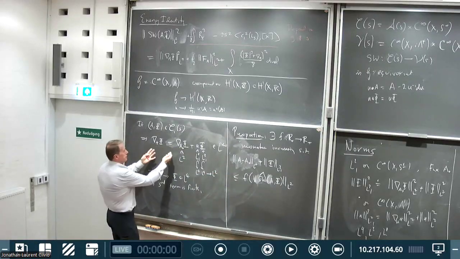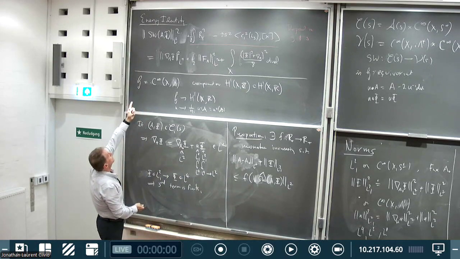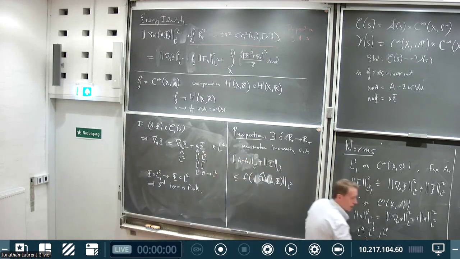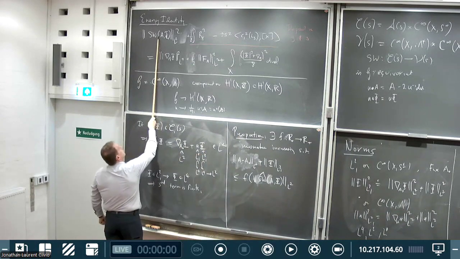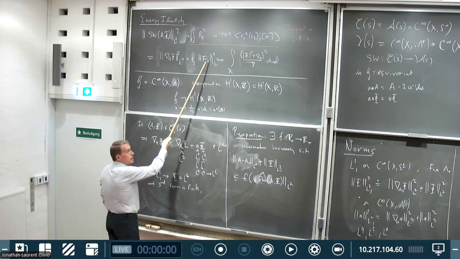If I just run this argument backwards, if I have L2 control over the Seiberg-Witten operator, then what's the logic? If I have control over this guy, in particular, I have control over this guy, right?